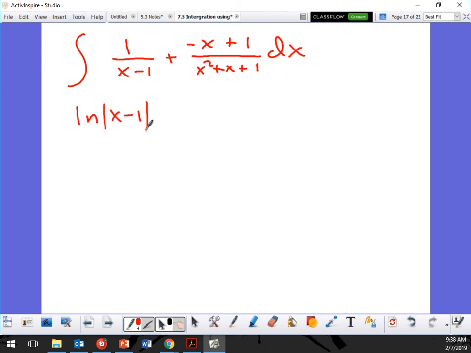Okay, so now when I integrate this one right here, I'm going to use what? Can't you just factor out a negative 1? No, that doesn't save us.